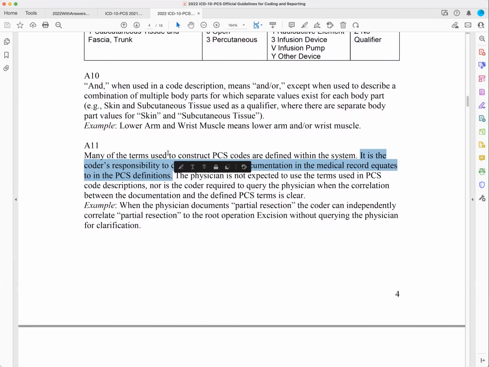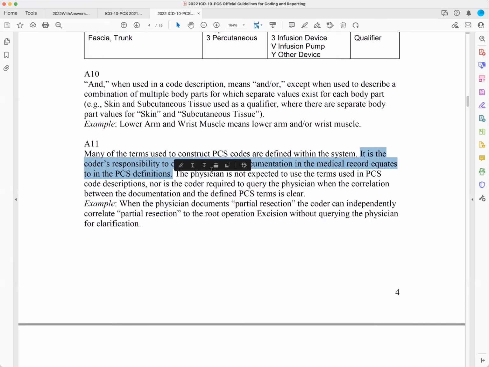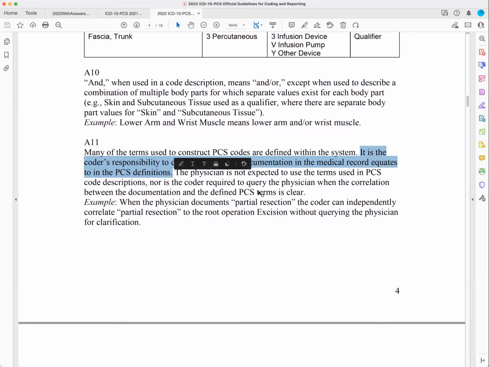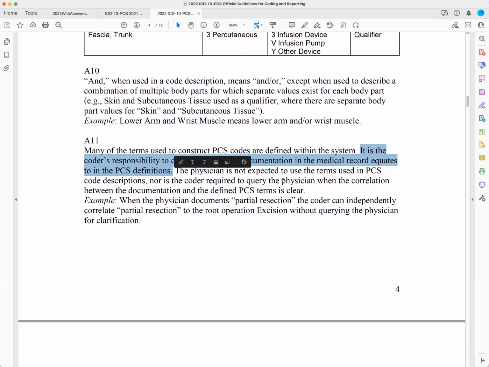It's telling you that as a coder, it is your job, basically, to read through the documentation and translate that into PCS terminology. The physician is not expected to use the terms used in PCS.